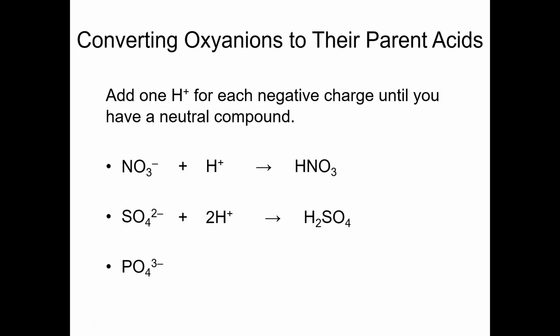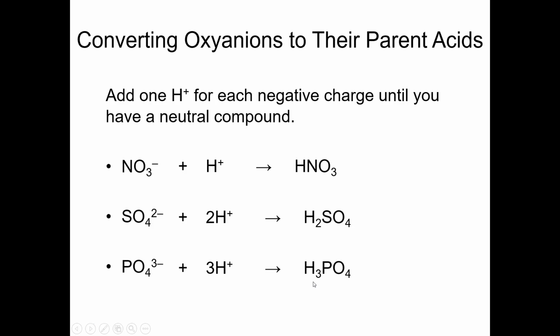Because phosphate has a charge of -3, I'm going to have to add three hydrogens, and therefore the formula for phosphate's acid is H3PO4. And so you can do this for any oxyanion. Just take a look at the magnitude of the negative charge, add that many hydrogens, and they always go on the front of the formula, and you've got your acid.